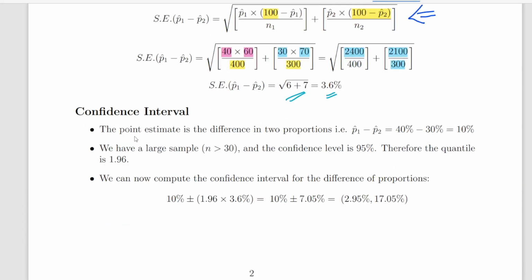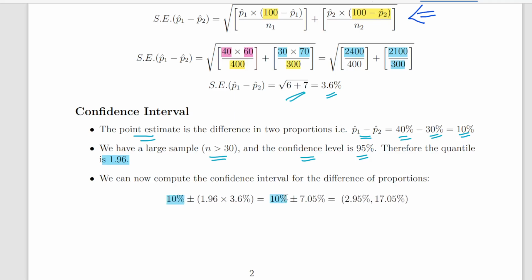Now, the point estimate is the difference in sample proportions, p hat 1 minus p hat 2, 40% minus 30%, that is 10%. We have a large sample, that's always going to be the case with these proportions questions, and the confidence level is 95%, therefore our quantile is 1.96. Hopefully you should be familiar with that. Putting it all together, the point estimate is 10%.